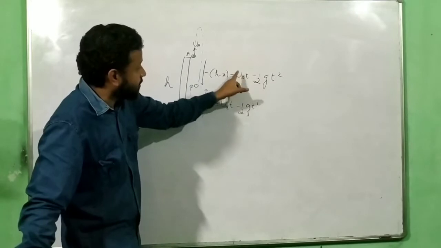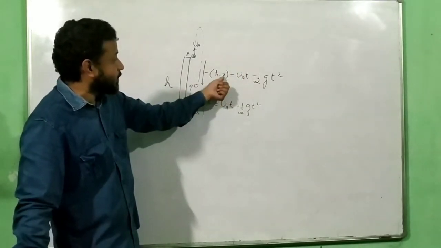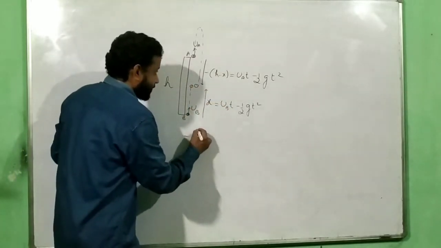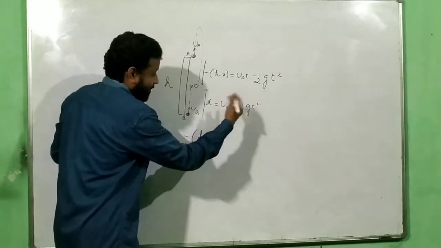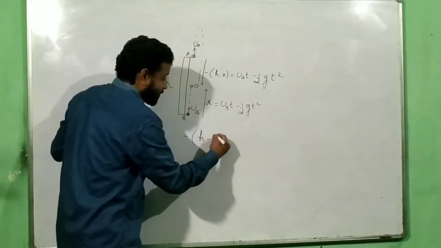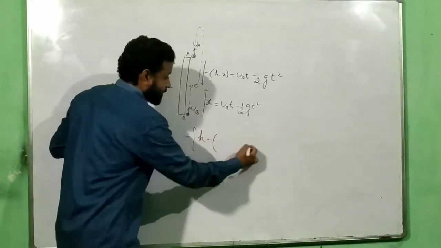This term becomes 0. And then you have to put this value of x here in this equation. So how will it look like? It will look like this. So minus of x. So this is your h minus x, and what is x?